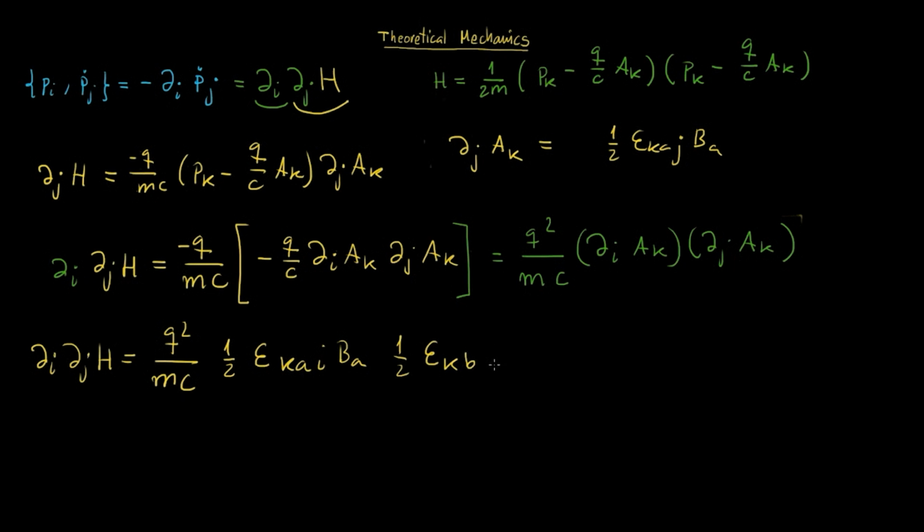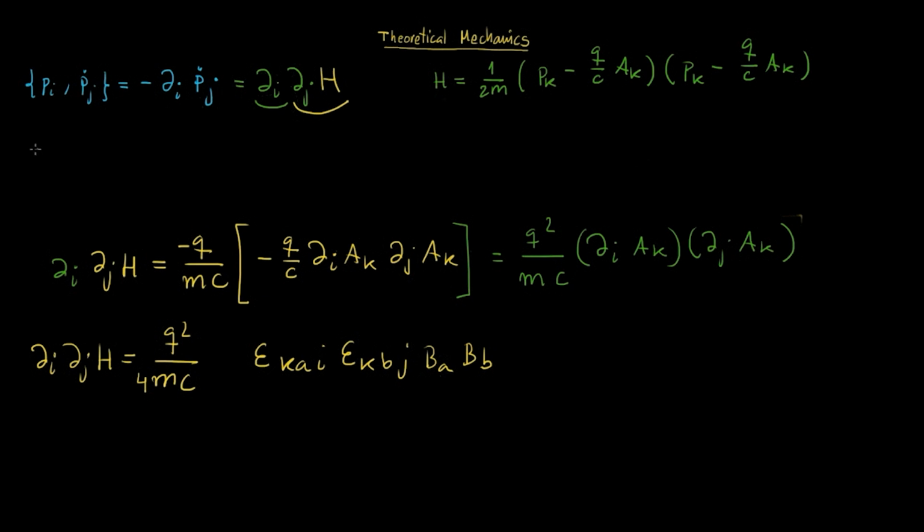This is a rule from Einstein's criterion. So this is j and b, and 1/2 times 1/2 is 1/4. So we obtain that the Poisson bracket we are calculating is this double derivative, that is q squared over 4 m c epsilon_kia epsilon_kjb a_a a_b.